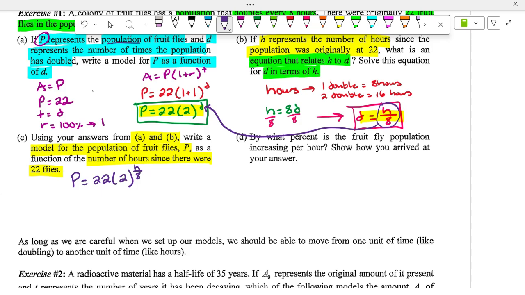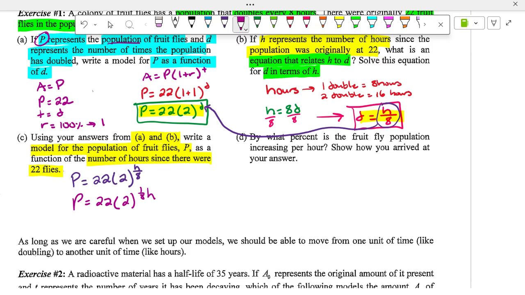All right. So we're going to rewrite this so that h over 8 is 1/8 h. So we have P is equal to 22 times 2 to the 1/8 h. Now, why did I do that? We want to get it so that the h is by itself in the exponent.